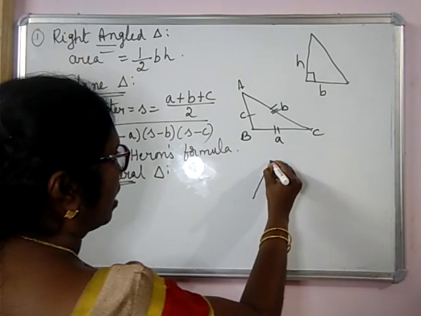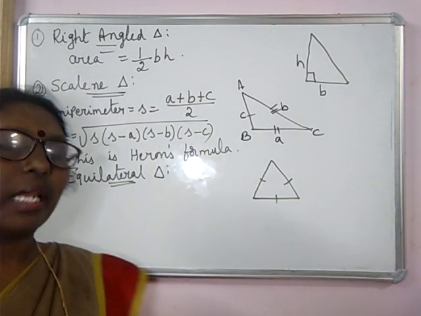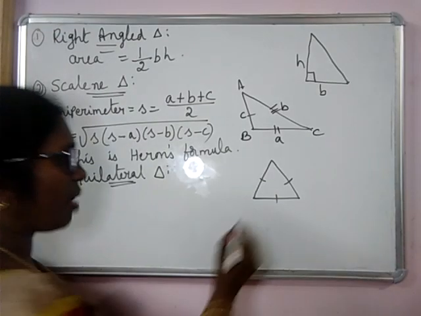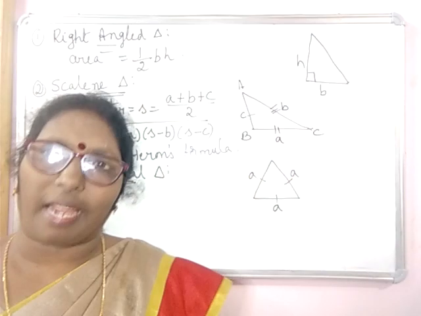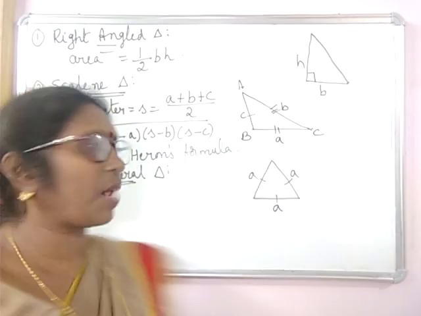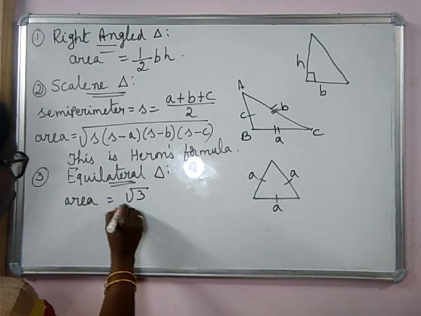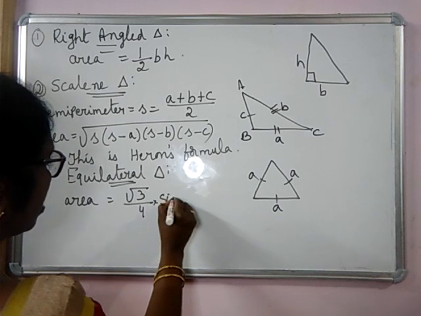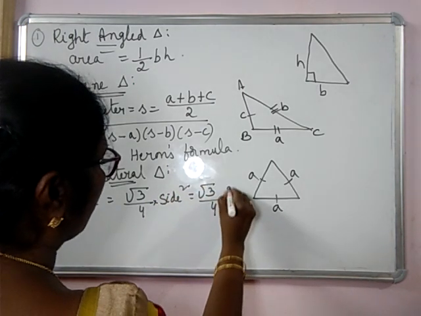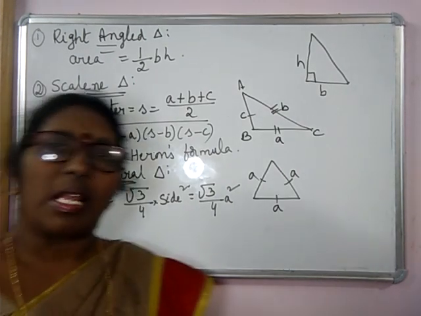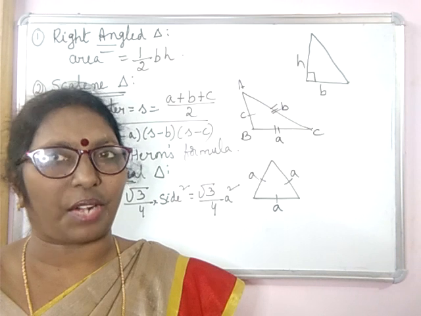You know that a triangle in which all the sides are equal is called an equilateral triangle, and we generally take small a for the side of an equilateral triangle, and the area of an equilateral triangle is root 3 by 4 into side square. Here, if we take the side as a, root 3 by 4 into a square is the formula for finding the area of an equilateral triangle.